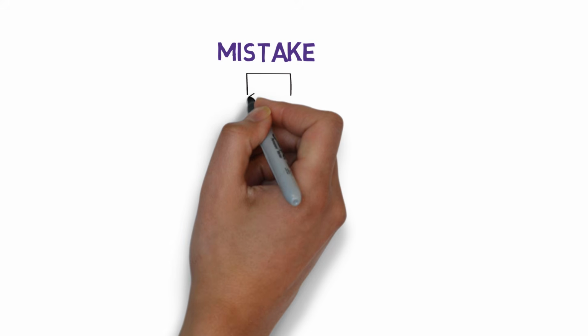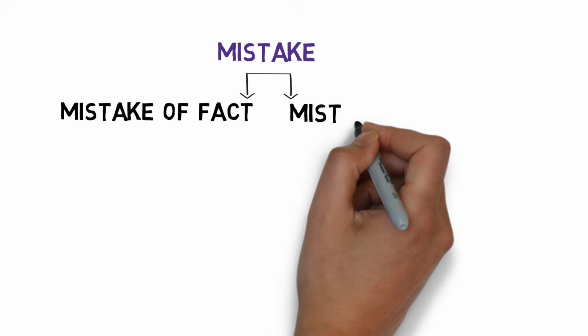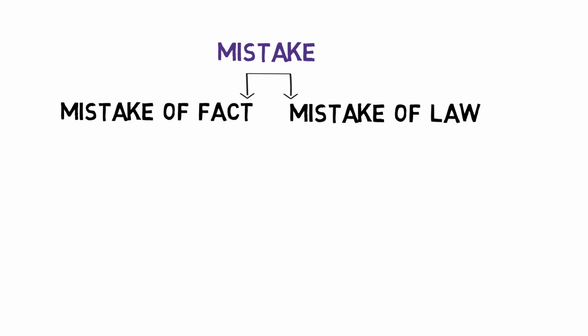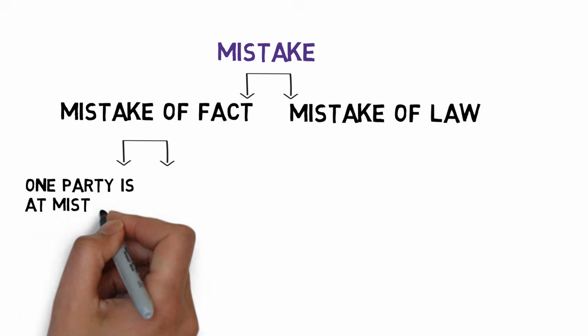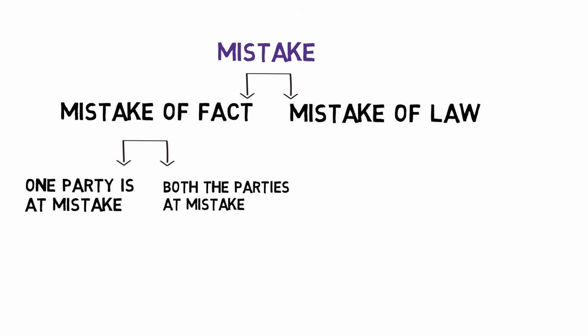Moving to the last term, mistake. Mistake can be of 2 types: mistake of fact and mistake of law. Mistake of fact can be of 2 types: when one party is at a mistake or when both the parties of the contract are at mistake.